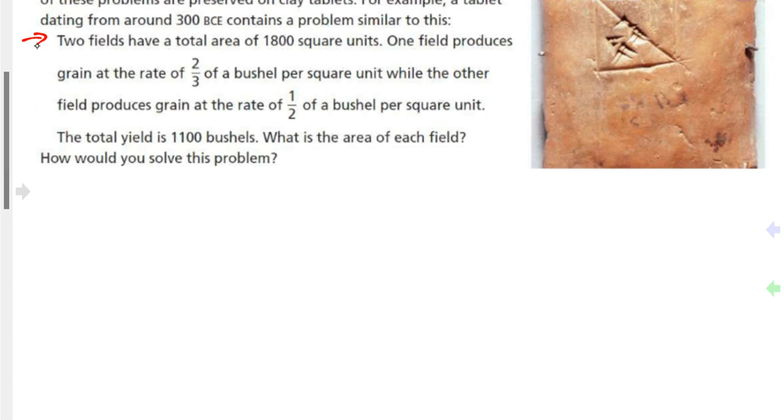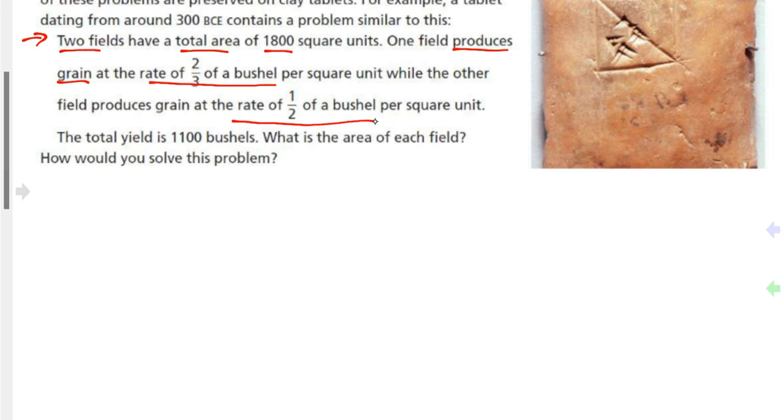So we have two fields, and we have a total area of 1,800 square units, whatever units they used. And then we're told how it produces grain. So one produces grain at a rate of 2/3 of a bushel per square unit, and the other produces grain at the rate of 1/2 a bushel per square unit.